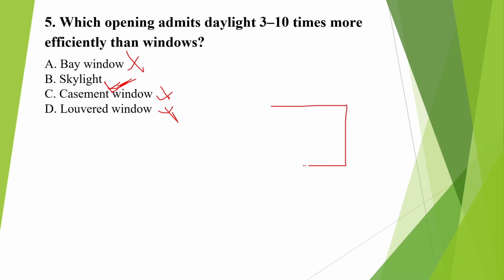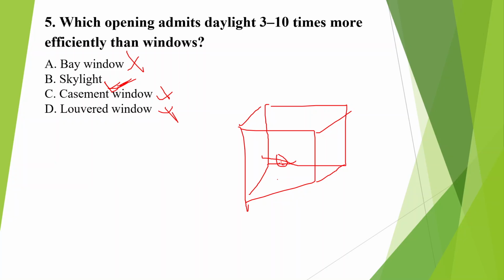Whenever you have a house like this, somebody may have windows here, and that can be a casement window, louvered window or bay window, but this skylight refers to having openings here.